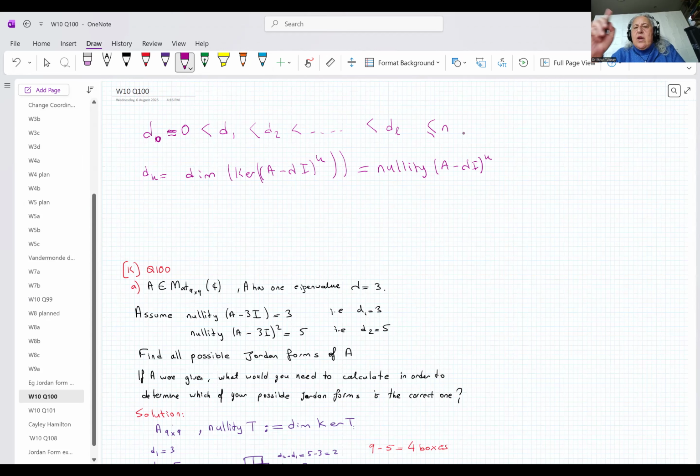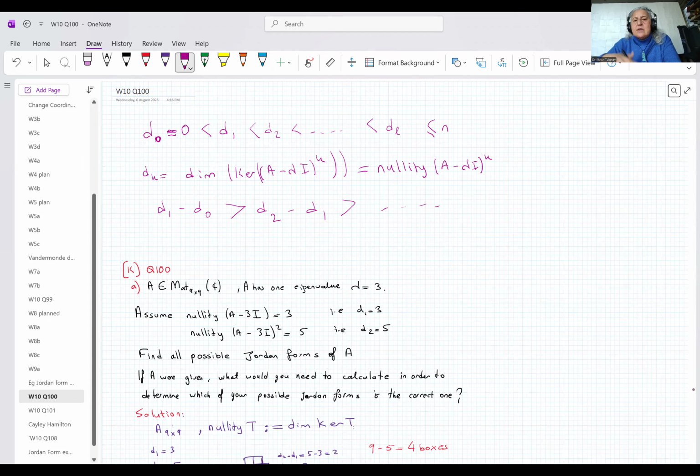And if you look at d1 minus d0 and d2 minus d1, these will not always be increasing, and it will never stop. Right, that's what the theory says. This is what the nilpotent operator implies. So these are the rules for the dimensions of those spaces.